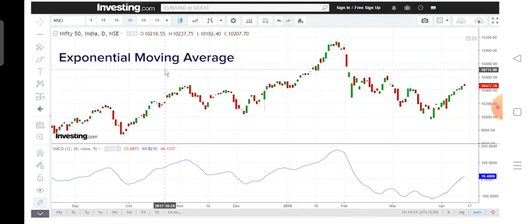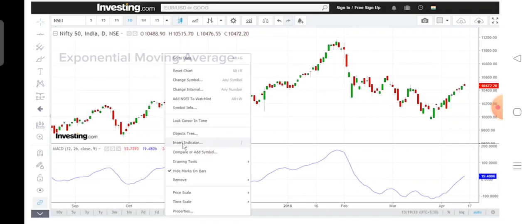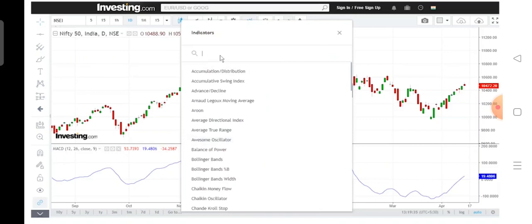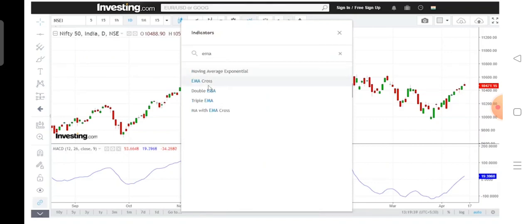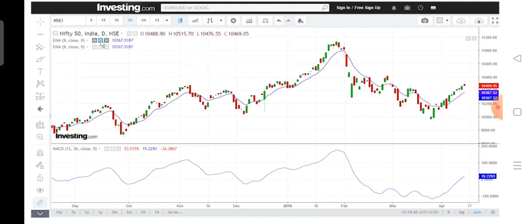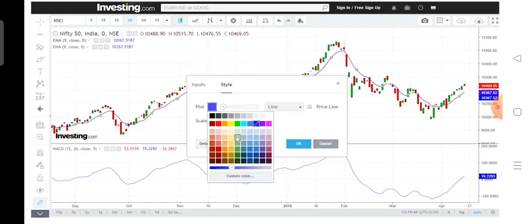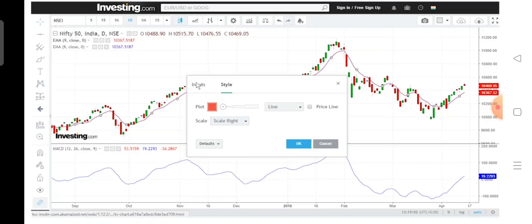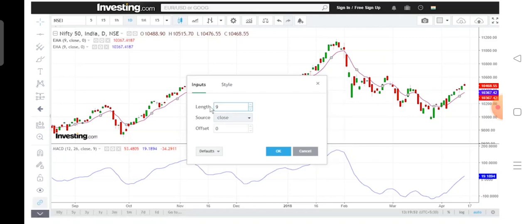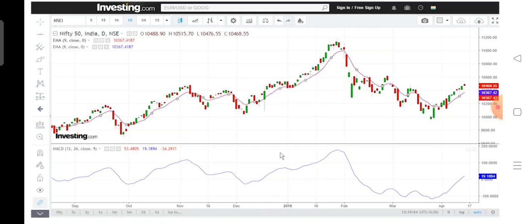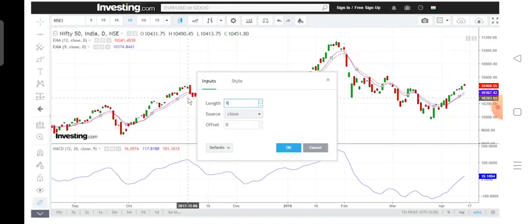So let us put the exponential moving averages on the price chart. We type EMA here and we get the moving average exponential. Let us take the first one in red color, and put the time period as 12. The next one, let us put at 26.